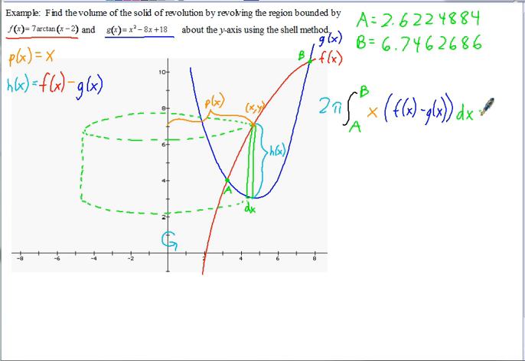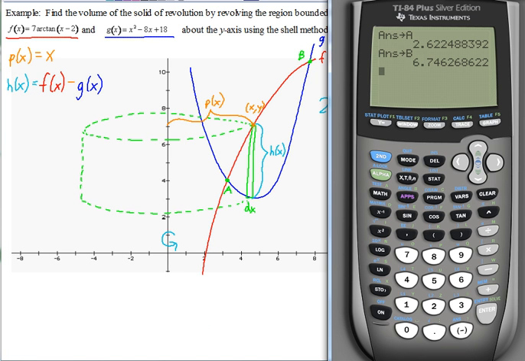So let's go ahead and use our calculator to evaluate that. So you don't forget the 2 pi, you can do that first. 2 pi out in front times, and then math, number 9, function integrate, and we want to integrate x times, parentheses, and our height was f of x minus g of x.